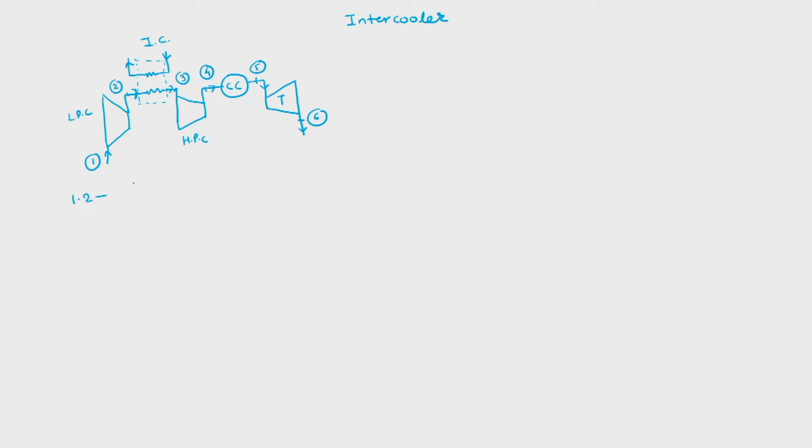So process 1 to 2 is low pressure compression, and obviously this is an isentropic compression. 2 to 3 is intercooling, and obviously this is an isobaric process. 3 to 4 is high pressure compression.